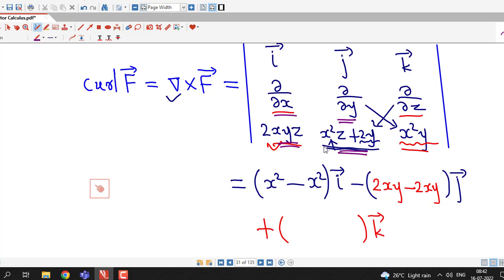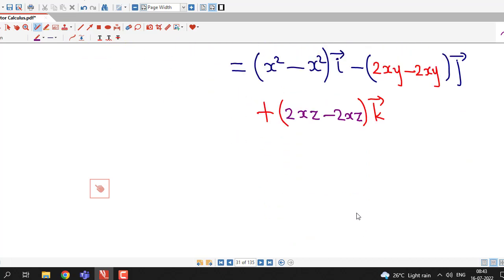So first we take partial derivative of x square z plus 2y with respect to x, so z and y are constants, 2y has derivative 0 with respect to x, and derivative of x square z with respect to x is 2xz, z is constant, derivative of x square is 2x, and derivative of this with respect to y, so 2xz is constant, derivative of y is 1, so we have 2xz minus 2xz.